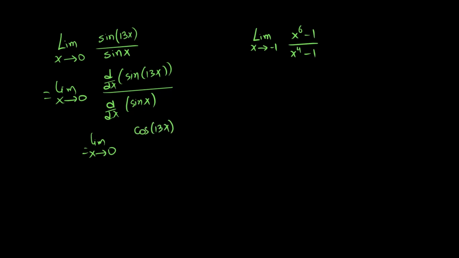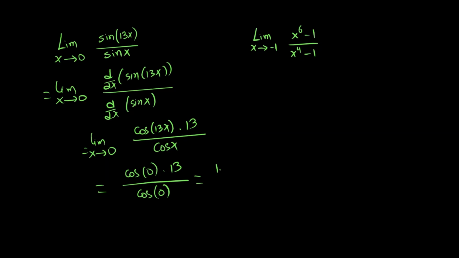And since we have 13x, we use chain rule and do the derivative of 13x, which is 13. The derivative of sin x is cos x. And now let's try plugging in 0 for x. You have cos of 13 times 0, which is 0, times 13 over cos of x, which is 0. We know that cos 0 is 1, so you have 1 times 13 over 1, which is 13.